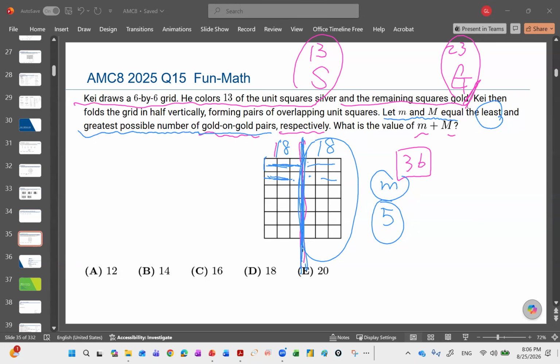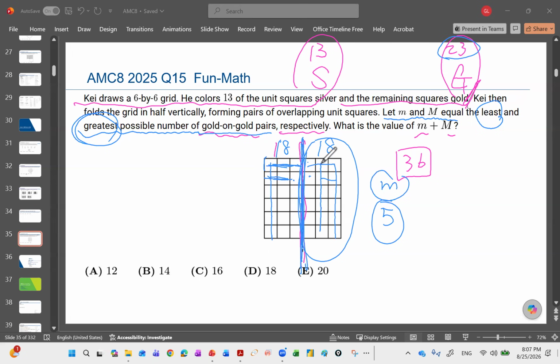Okay, now capital M. If you want the best match, I try to split the gold evenly, half on each side, and put them in symmetric positions. So you have 23. Why not put 12 on one side?